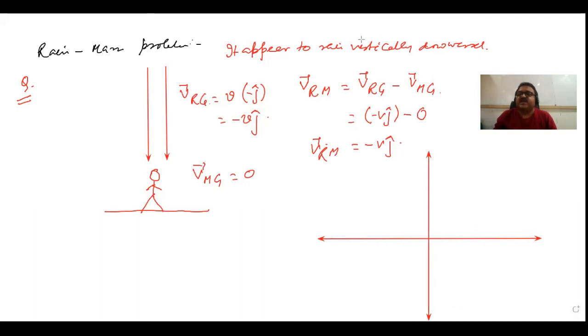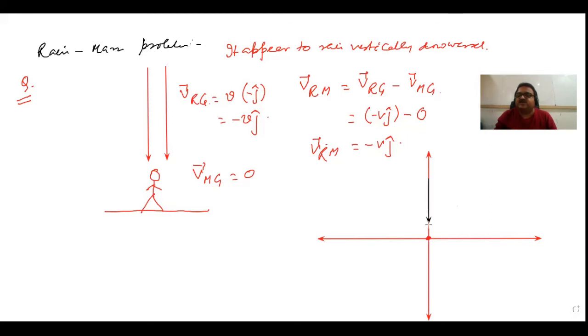Since the man is the observer, place the man at this location, correct? Now, according to him, the rain is falling in which direction? Minus V j cap. That means rain is falling vertically downward, according to the person.